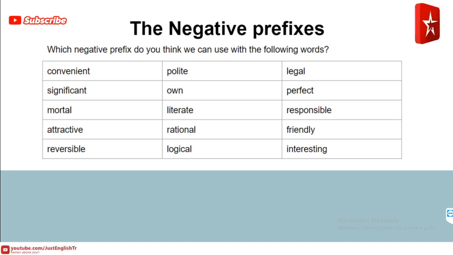We're doing very, very well. Disown, excellent. Illiterate, irrational, doing very, very well. Sumia, you're doing excellent. Look at you go, illogical.